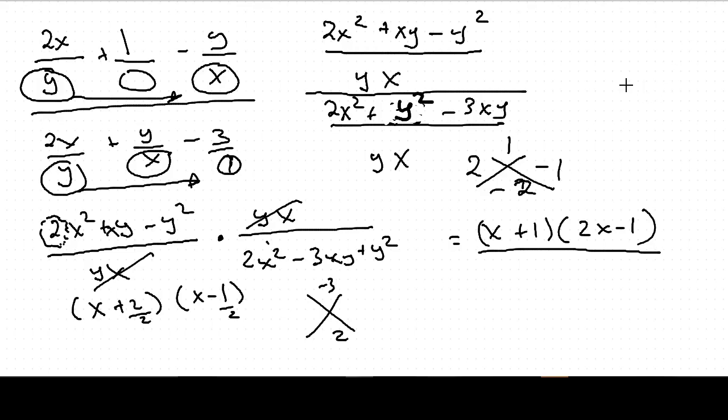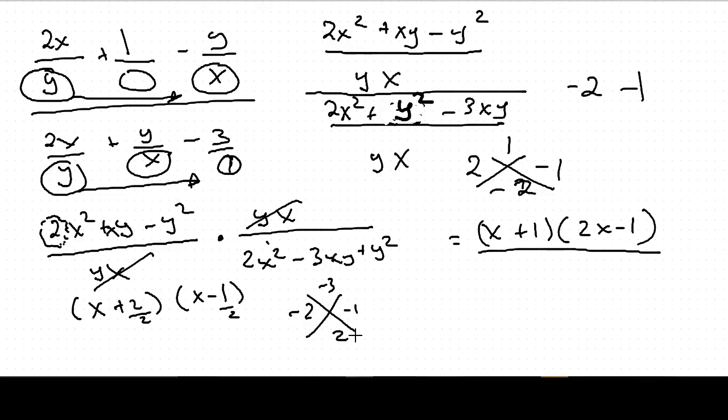What are the only factors of 2? 1 and 2. Is there any way to combine those together to get negative 3 when you add them? I don't think so. What if I did this? What's negative 2 times negative 1? 2. What's negative 2 plus negative 1? Negative 3. So those are the two factors.